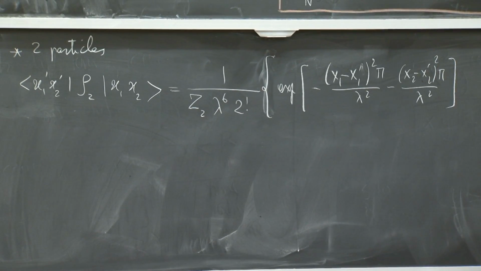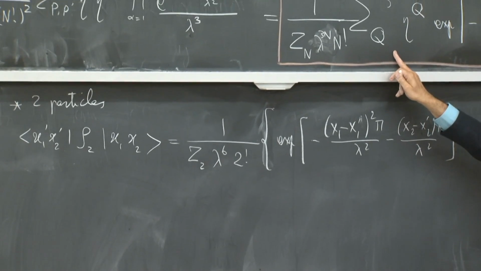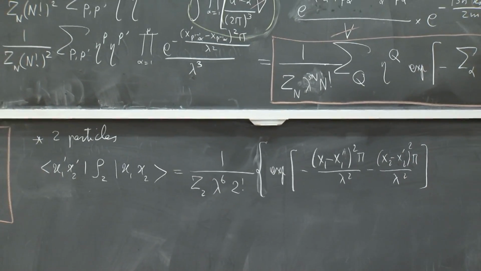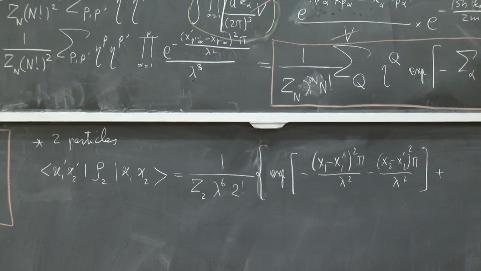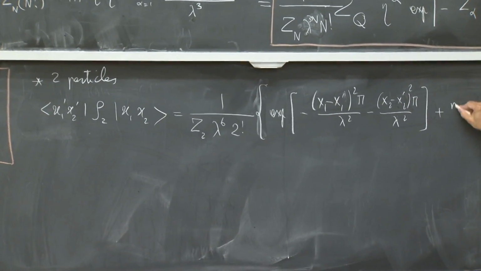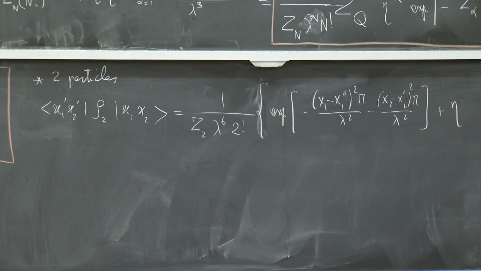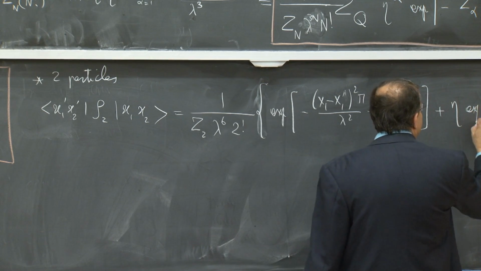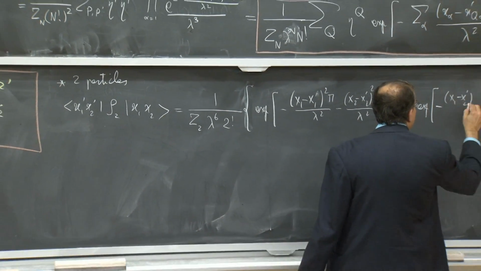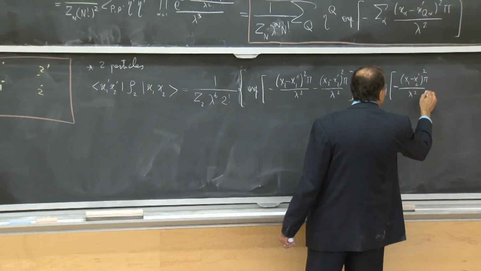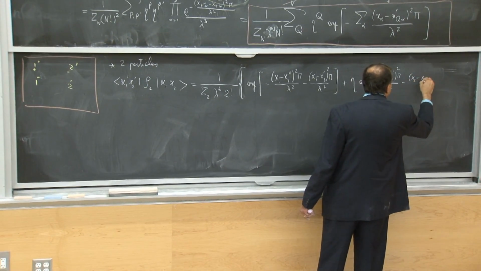So that's Q being identity, and identity has essentially zero parity. It's an even permutation. The next thing is when I exchange 1 and 2, that would have odd parity. So I would get -1 for fermions, plus for bosons. And what I would get here is exponential of minus x1 minus x2 prime squared pi over lambda squared minus x2 minus x1 prime squared pi over lambda squared.